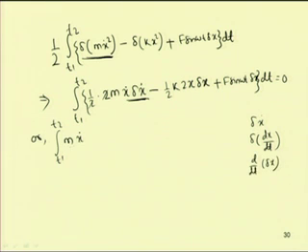So this is m x dot into d by dt of delta x, into dt.